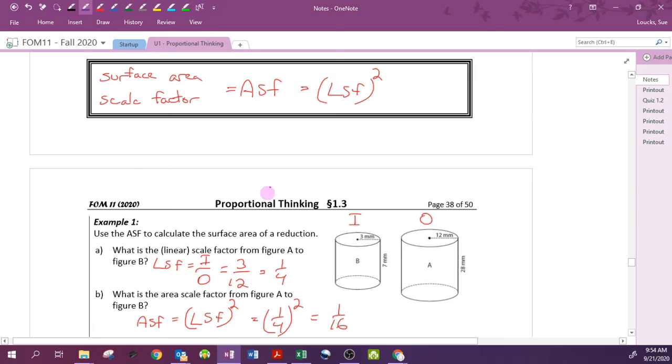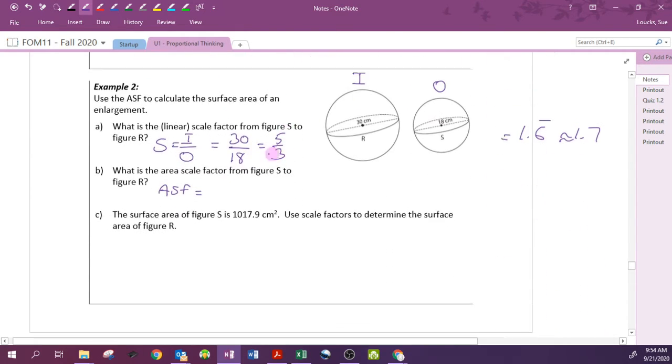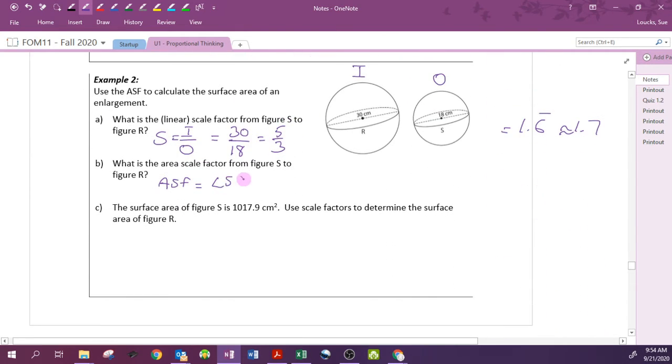Or it's right up on the board there, right? The area scale factor equals the linear scale factor squared, right? So this equals the linear scale factor squared. So for all of you who are just writing down the answers or just reaching for your calculator, I'm going to tell you again that writing this down for every question is how you will remember it.